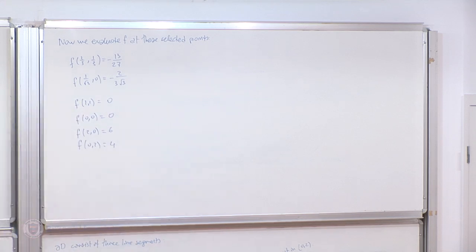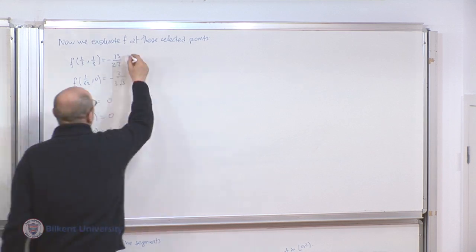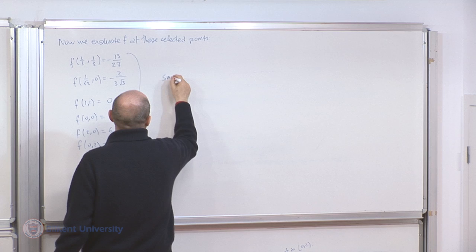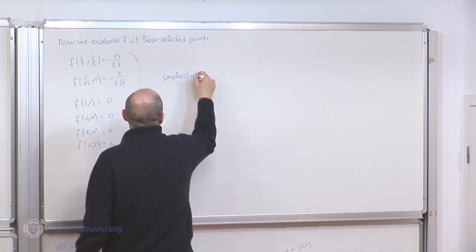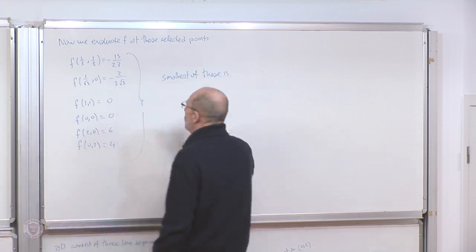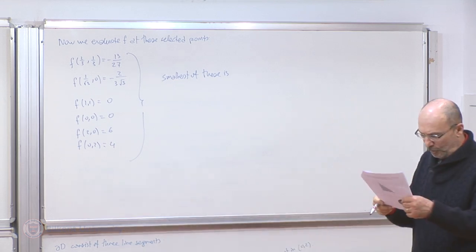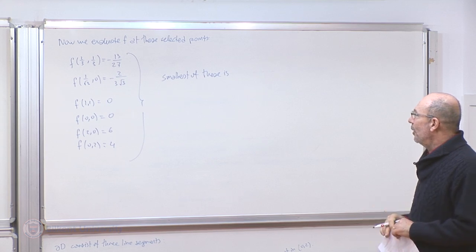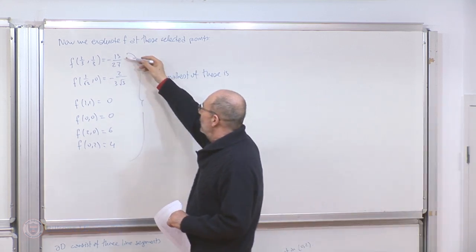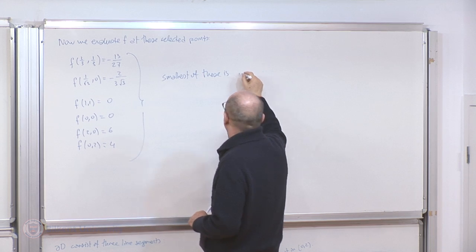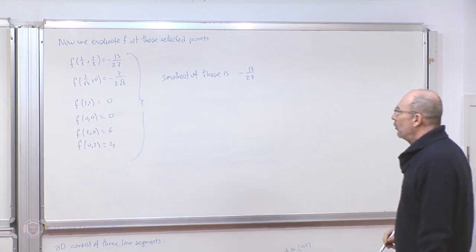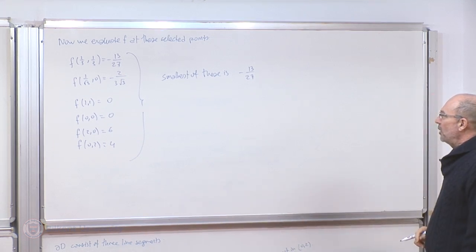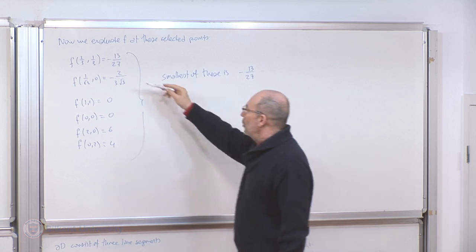So the smallest of these is the minimum. Which one is smallest? It turns out that this one, you have to calculate, is minus 13 over 27, which is approximately minus half.